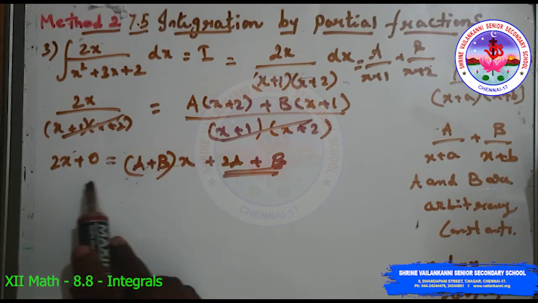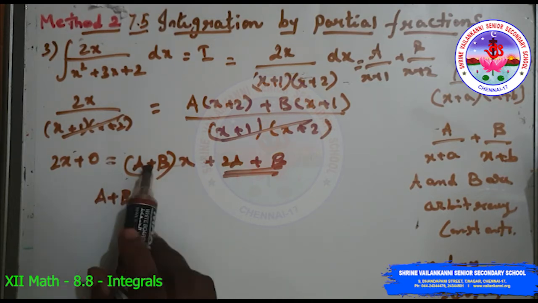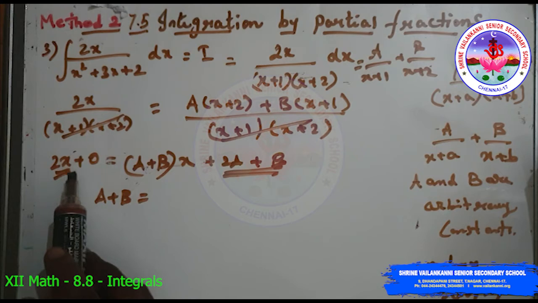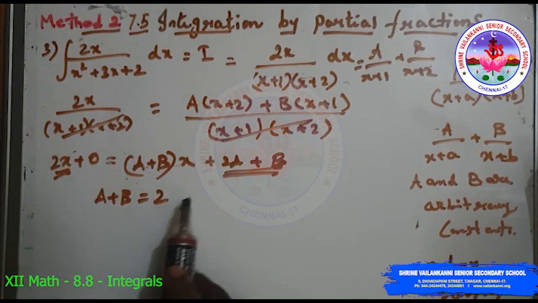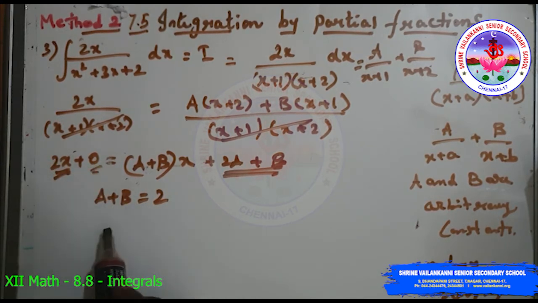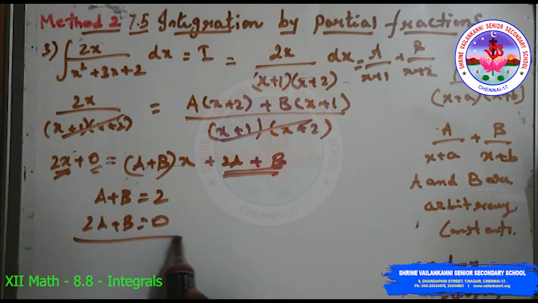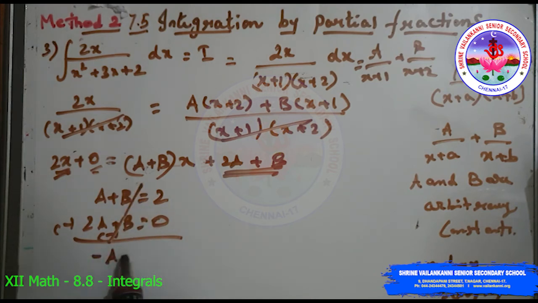Now equating the coefficient of x, a plus b is equal to 2, since the coefficient of x is 2. And for the constant term we have 0, so 2a plus b equal to 0. Changing the sign and solving these two equations, cancelling b, minus a equal to 2.